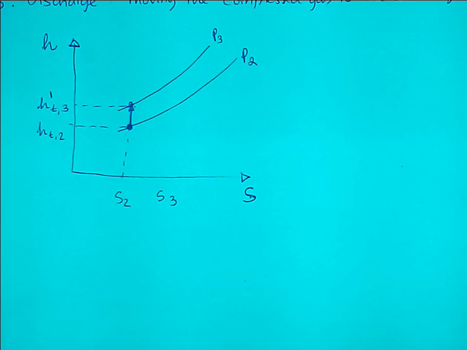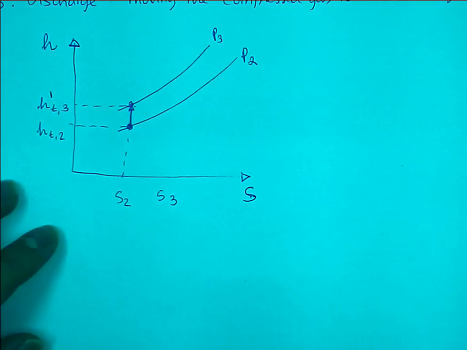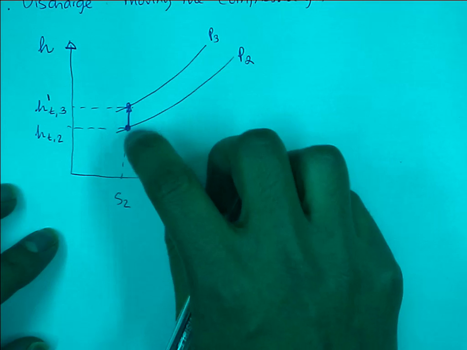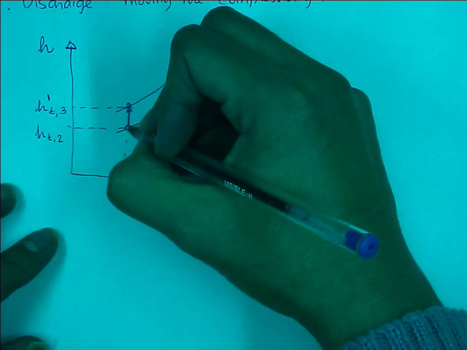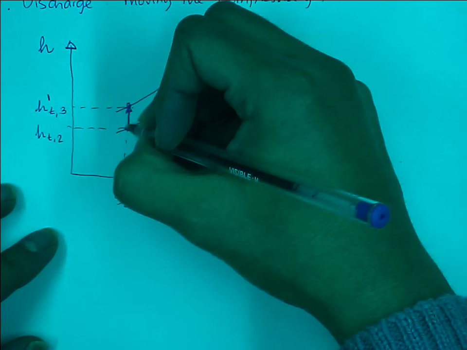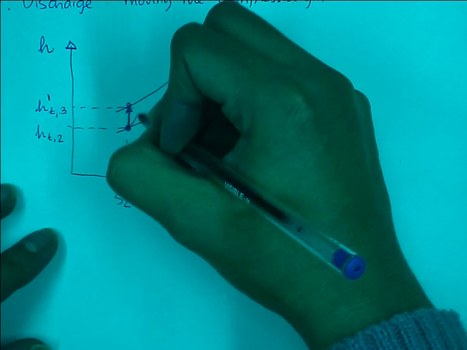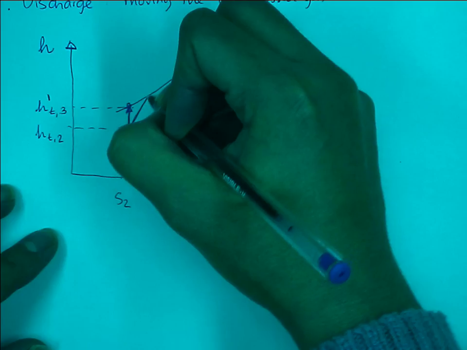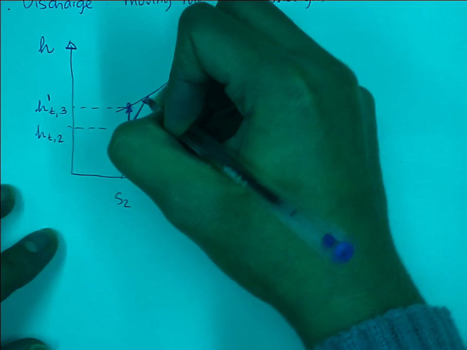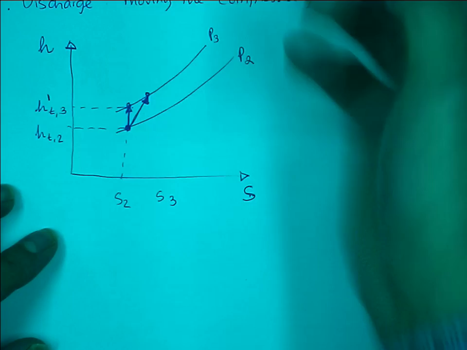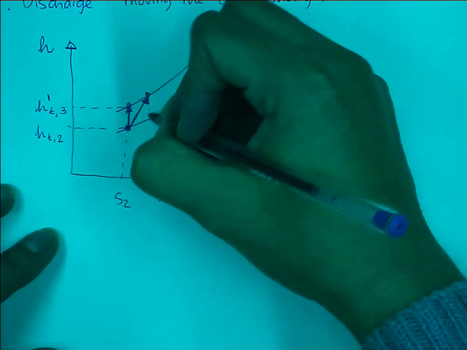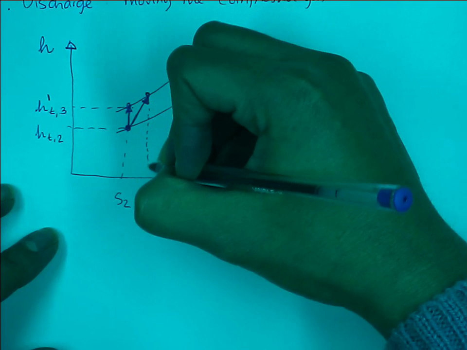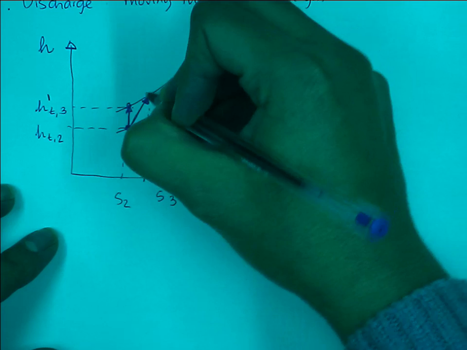In fact, when you compress a gas, you don't move straight, you actually have this type of movement, right? You obtain this pressure, but because of the changes of temperature that affect the fluid, we actually increase the entropy of the fluid and we increase the enthalpy, H2,3.